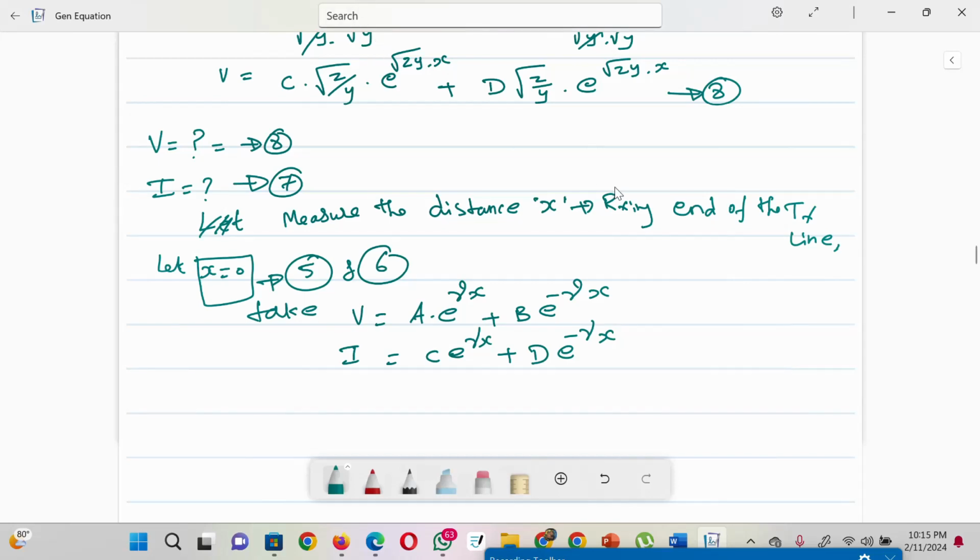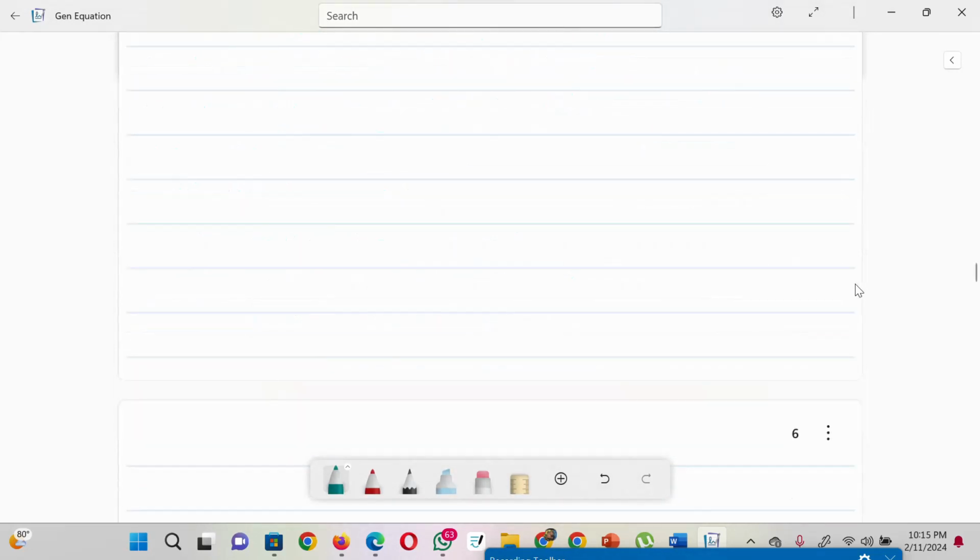Here we just substitute the value of x equal to 0. At x equal to 0, v equal to vr, and I equal to ir. So this value we are going to substitute.